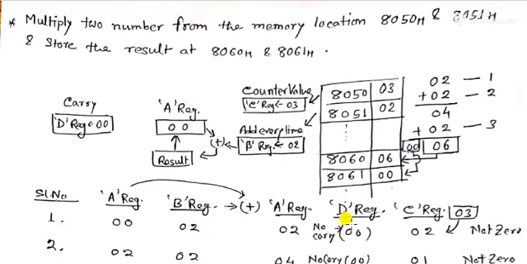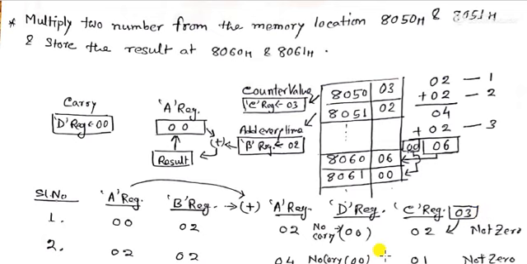If carry is not generated, no problem. If carry is generated, then we have to increment the D register. Otherwise, we decrement the C register, 03 to 02, 02 to 01, and here also we check the 0 flag. If the 0 flag is not set, the process will be repeated.